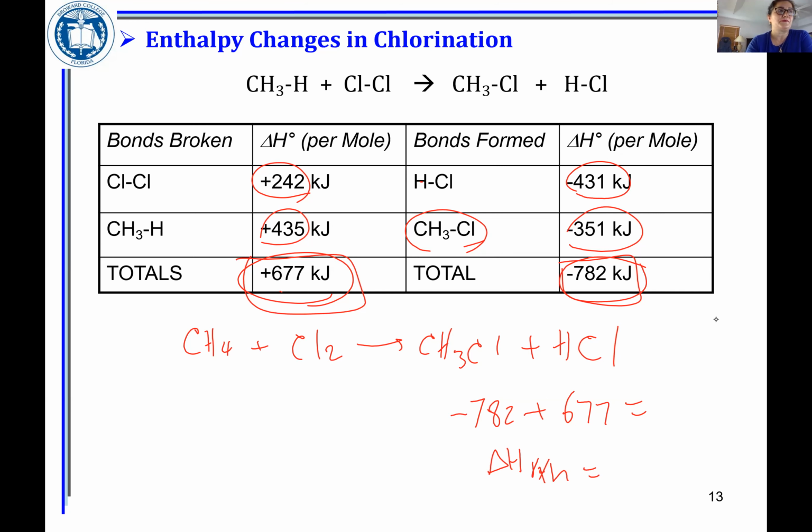Yes, your question. For bond dissociation, it's more stable because there's less energy, correct? Then if heat's being released when bonds are formed, it's less stable. Exactly. Let's say you have a chlorine free radical, it's going to be very unstable because it's not octet satisfied.